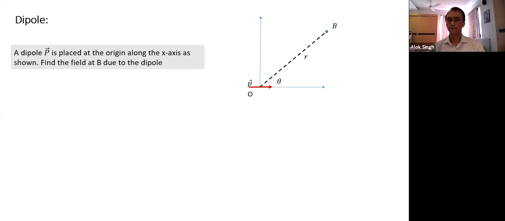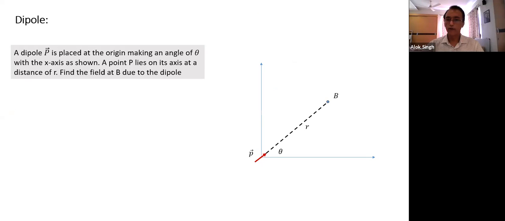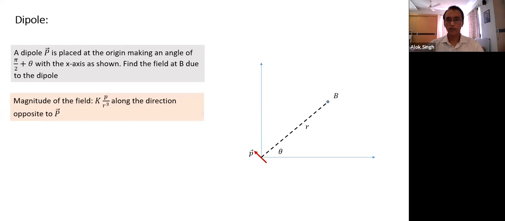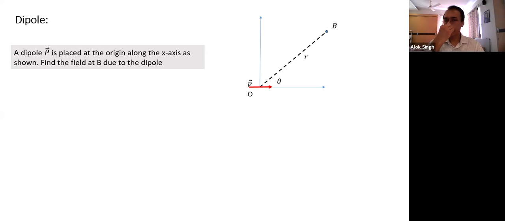It's a vector. That's why I was giving the previous examples. I don't know the formula for a point which is neither on the axis nor on the equatorial axis. But I can resolve the dipole into two components: one along the line OB, another perpendicular to OB. I will find the two fields and take the vector sum.